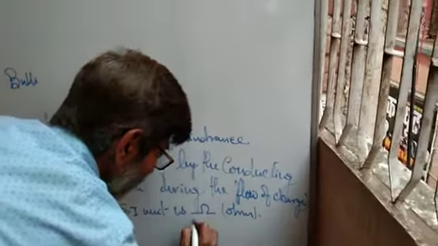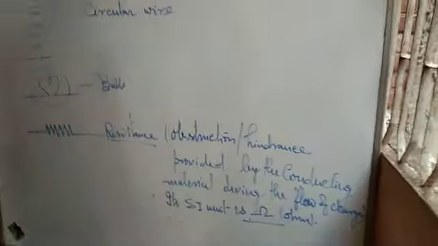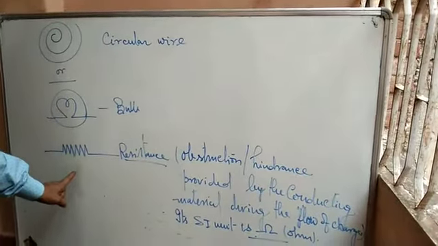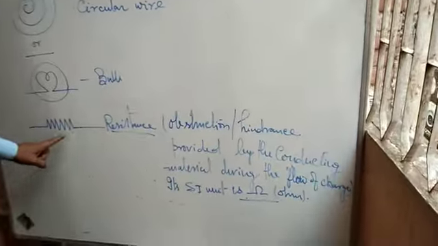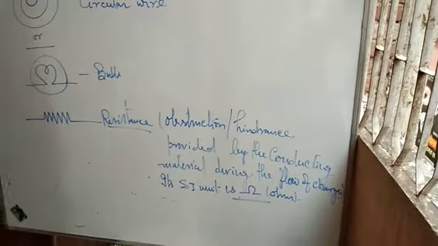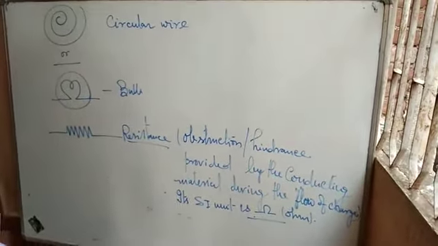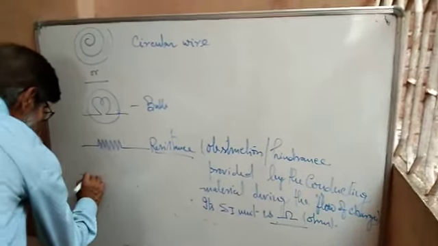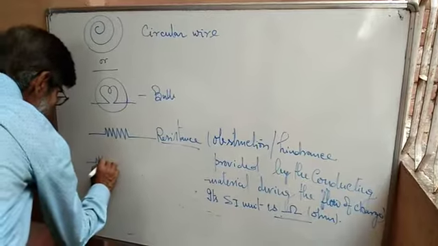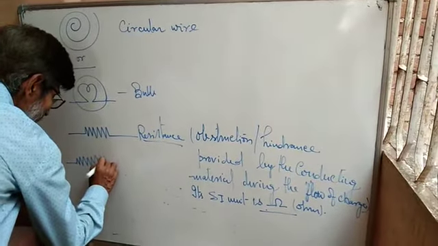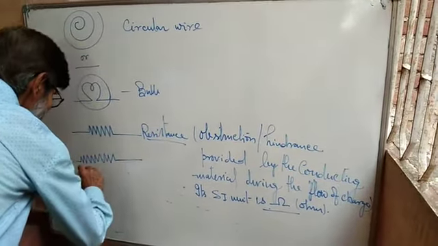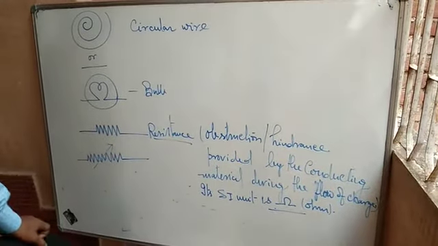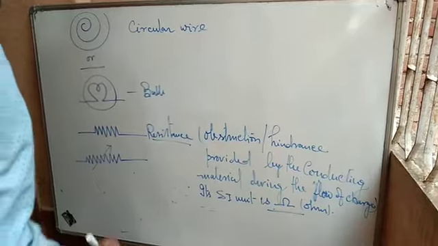Its SI unit is ohm. So the symbol of resistance is written in this format. This is the symbol used for a variable resistance or rheostat.